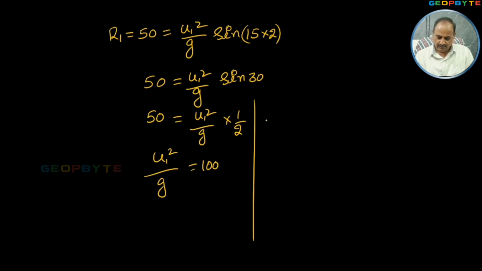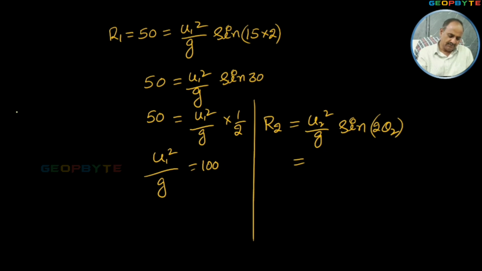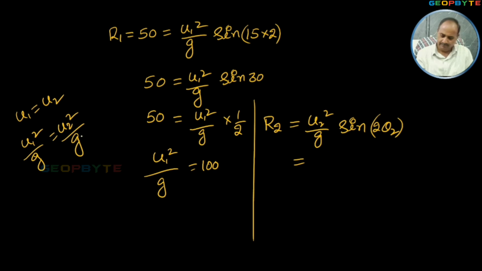Then R2 equal to u2 square by g into sine 2 theta 2. But here it is given u1 equal to u2. Then I can say that u1 square by g equal to u2 square by g.